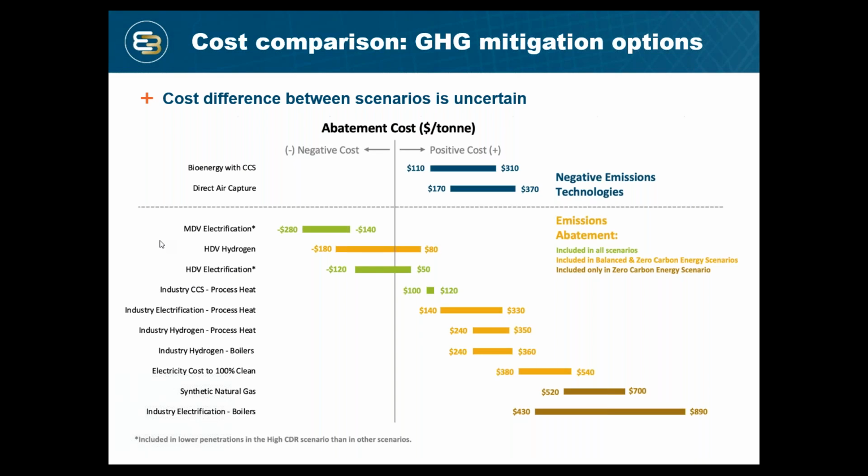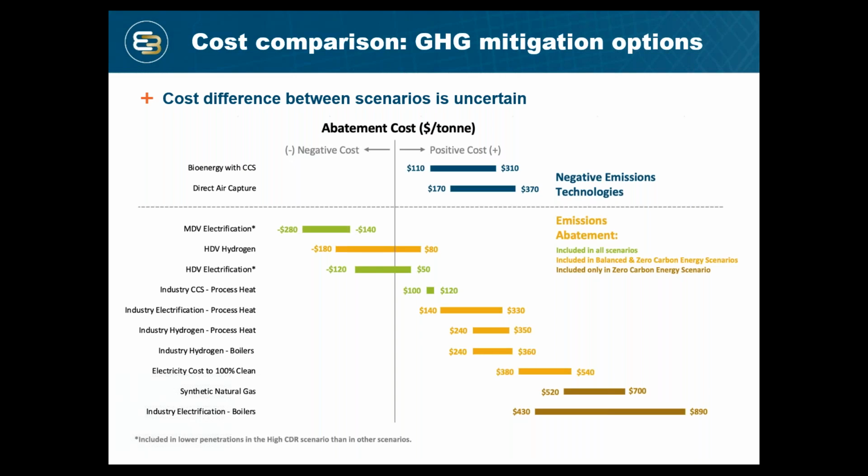Yeah, that's a good question. So we developed these cost estimates kind of from the bottom up based on our own research around technology costs and potential learning curves out to 2045. Obviously it's going to be a range of sources given that we're comparing everything from trucks to industry options here.